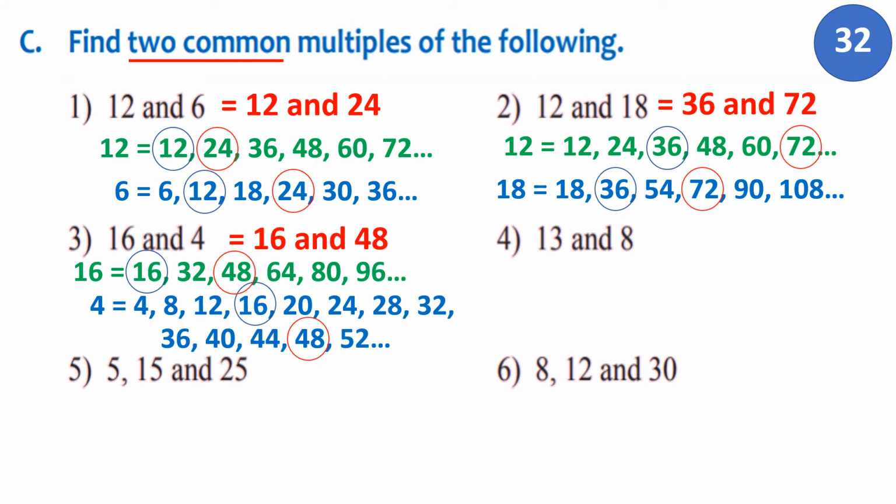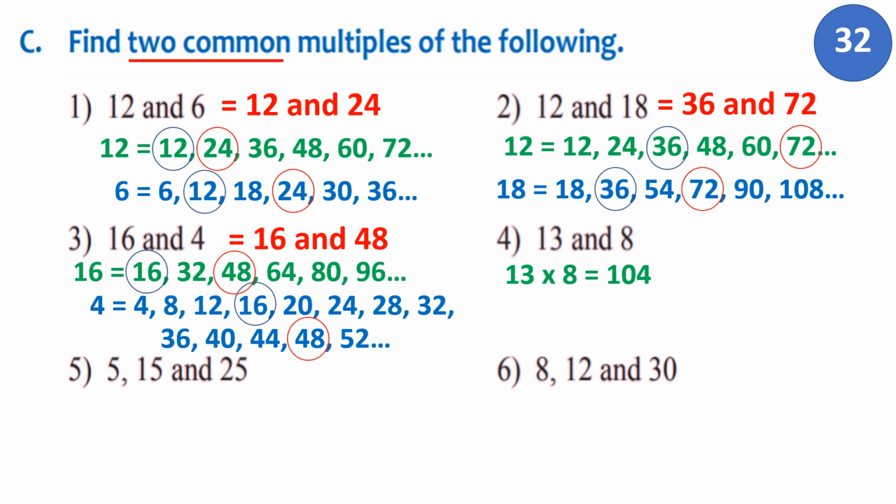Next is number 4. Number 4 is 13 and 8. Correct, students? 13 is an odd number and 8 is an even number. It's very difficult for us to find this number. And then you can multiply. You can get the multiple of 13. 13 times 8 is equal to 104.